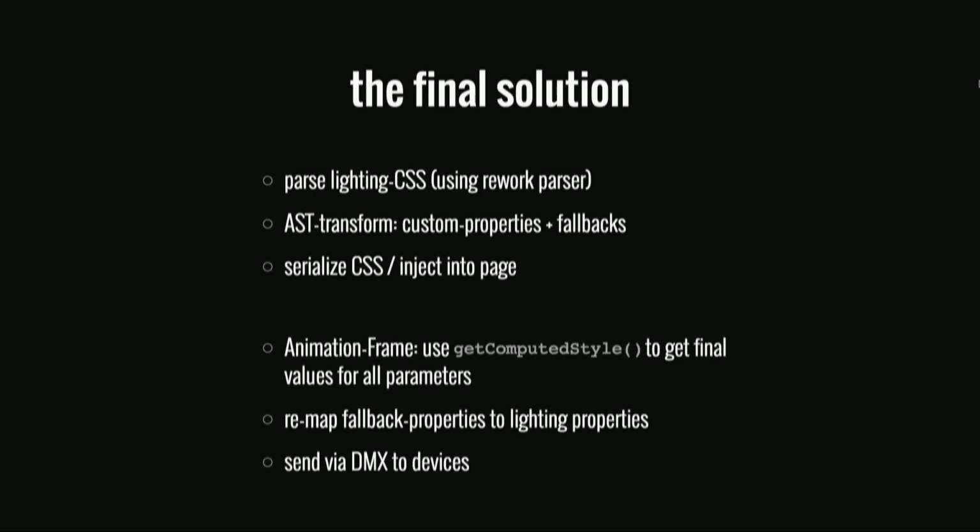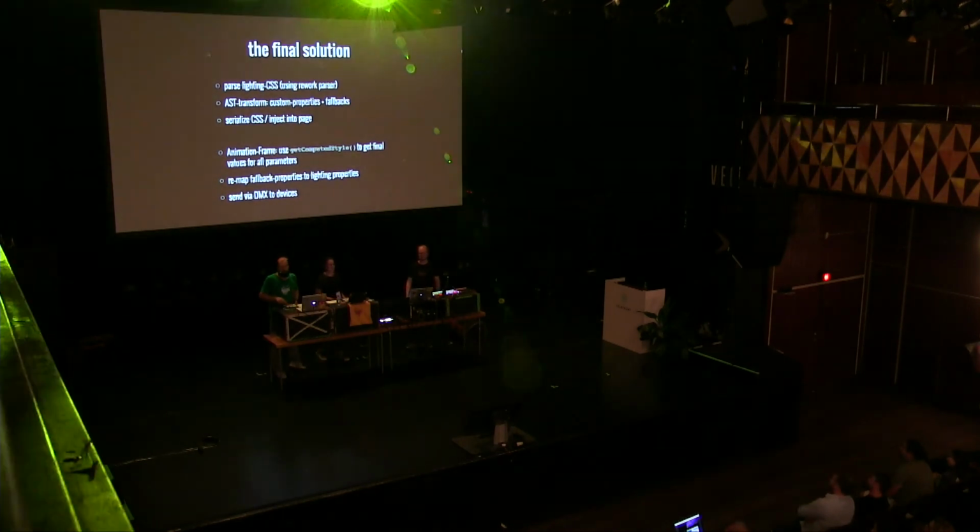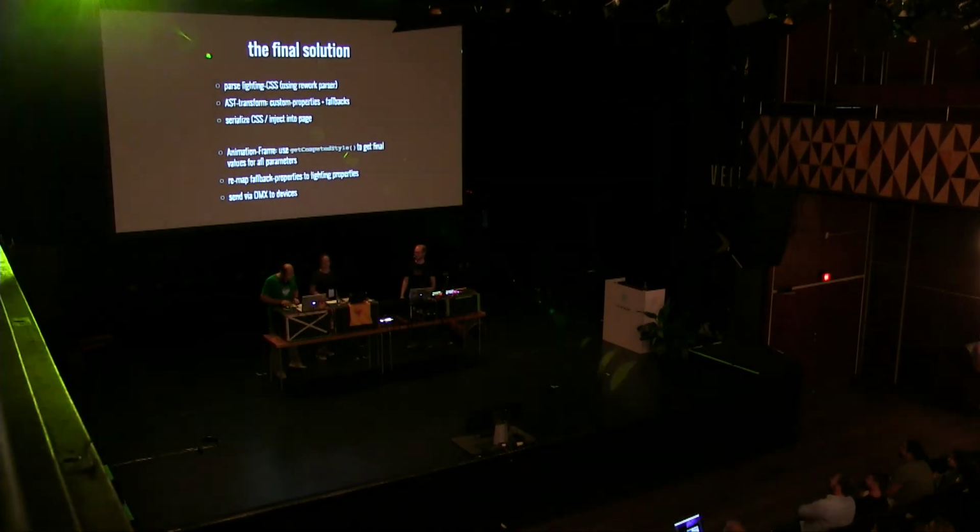And then I can use my animation frame and getComputedStyle to get the values. I can remap, for instance, left to brightness in order to send that over to my DMX interfaces. As a result, I can just, for instance, press this button here and have these lights turn on. Or maybe like this, something more beautiful. Whatever.